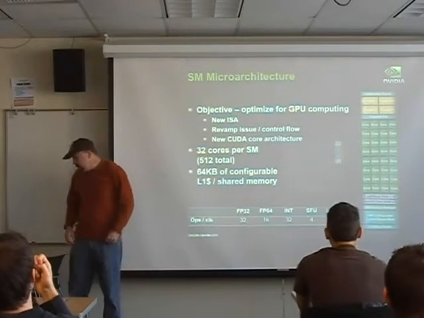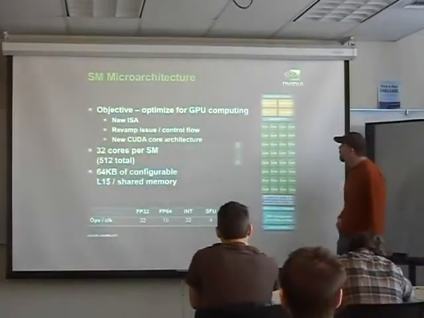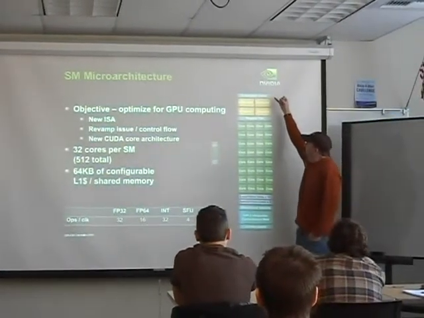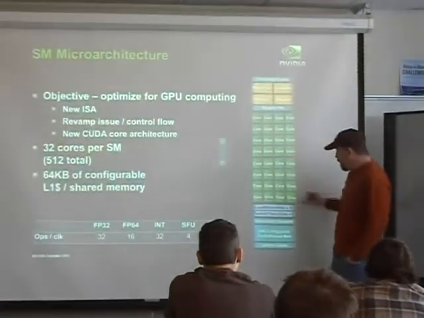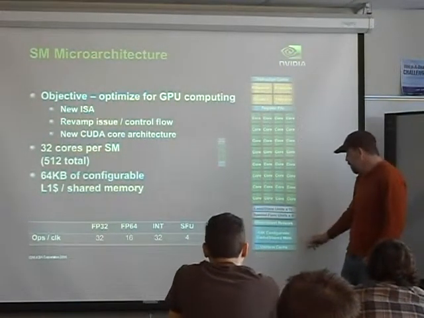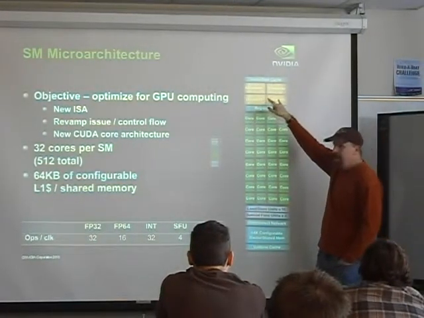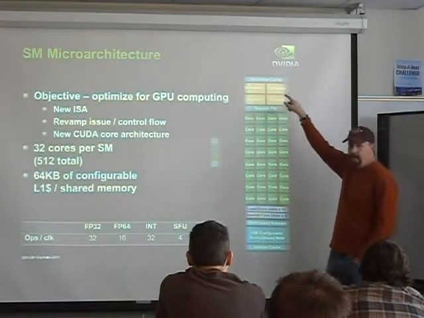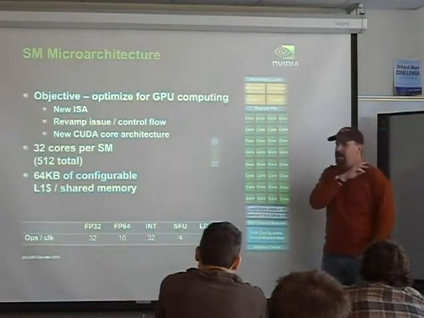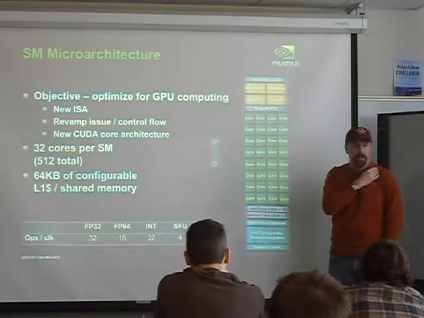For a streaming microprocessor inside Fermi, this is kind of how things are laid out now: instruction level cache, register files, specialized computation units, and then more cache down below. The interesting thing is the scheduler and the dispatch. There's a lot more logic in each streaming multiprocessor now about scheduling and dispatching, so that we can do much more sophisticated things than previous hardware could.